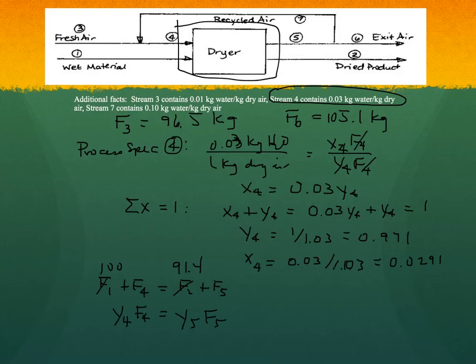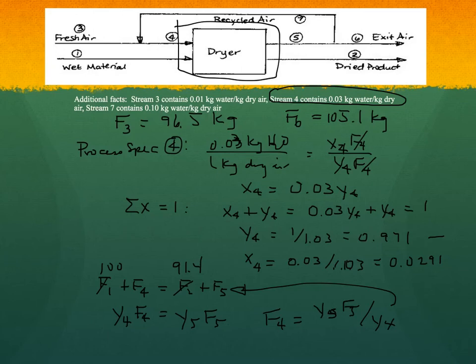I know the numbers for those from this page and the previous page. I have an equation here, so I can say that F4 equals Y5 F5 over Y4. Plug that in here. I now have only one unknown. By substitution, I can solve for F4. I could then solve for F5.